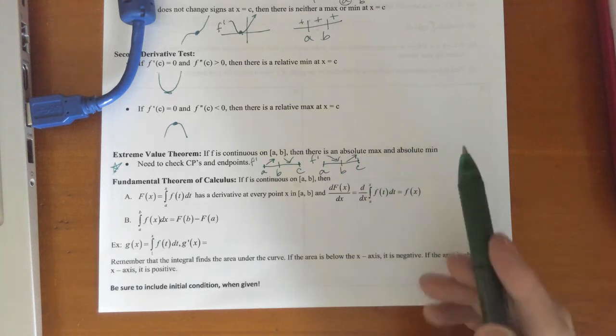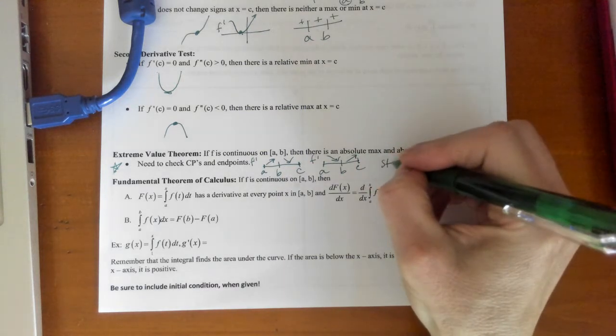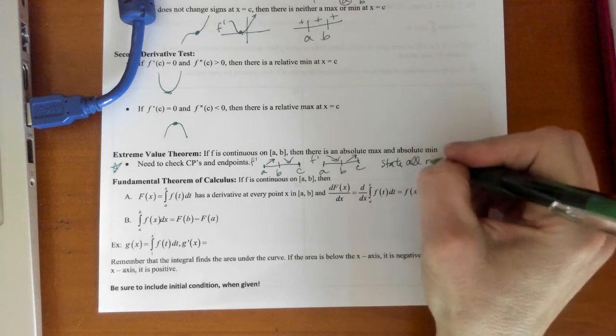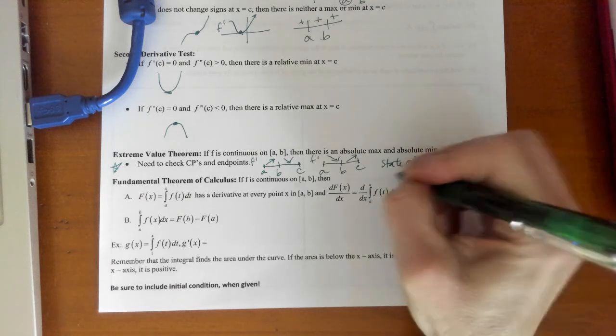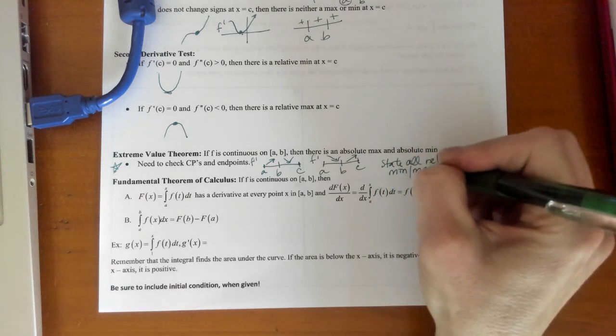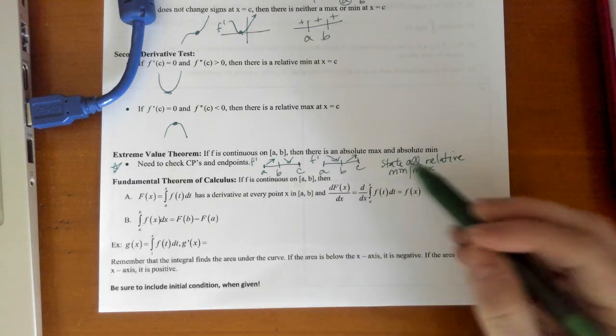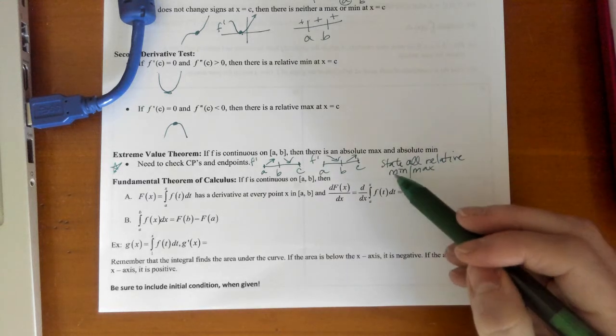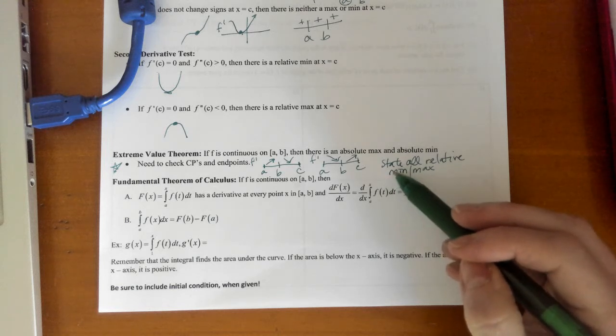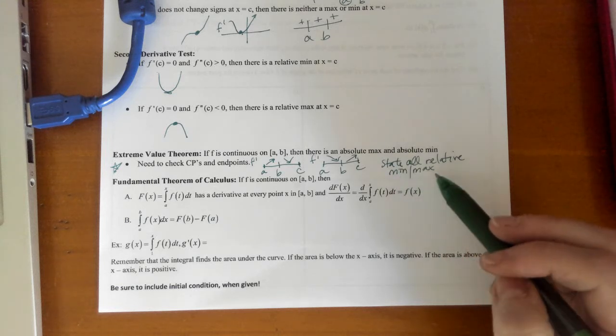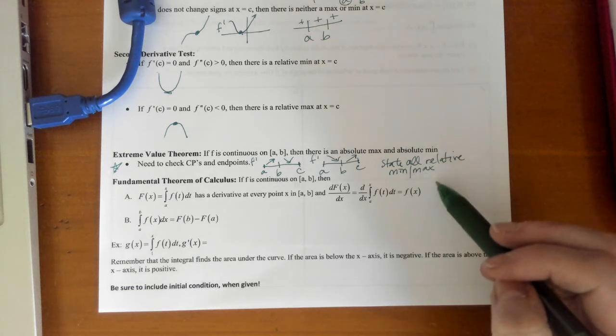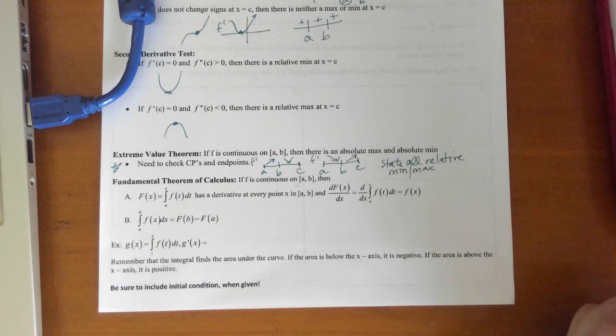You have to always state all relative first. Then you're going to find the values for those relative minimums and choose the smallest of those values to find your absolute minimum. State all your relative maximums, find the value that is the greatest, and that would make your absolute maximum.